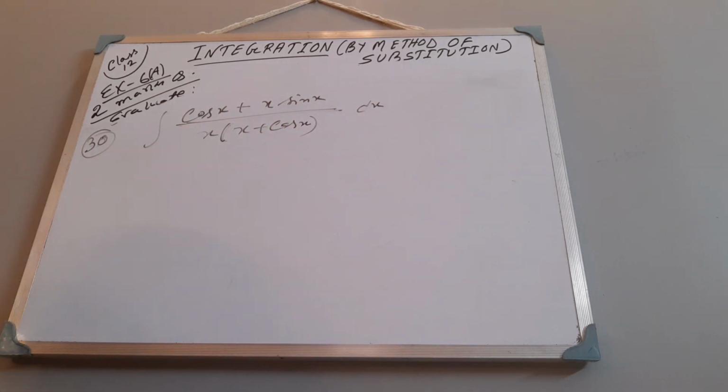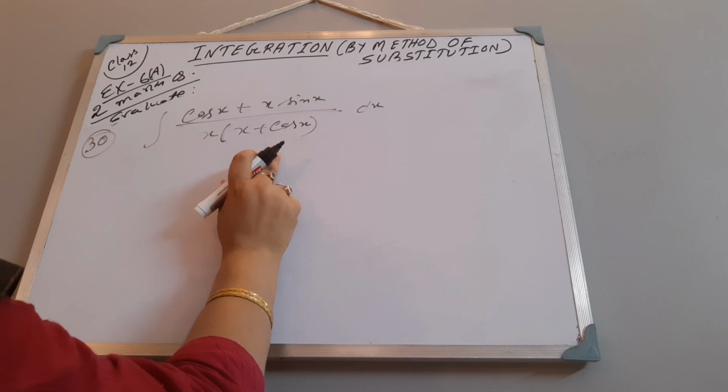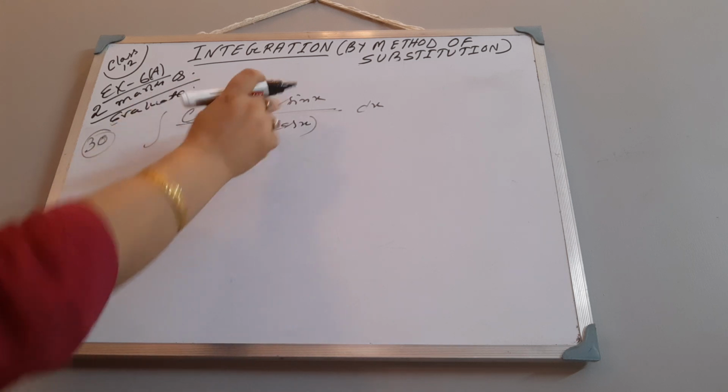In the denominator x into x plus cos x, and the numerator, what is there? Cos x plus x sin x.